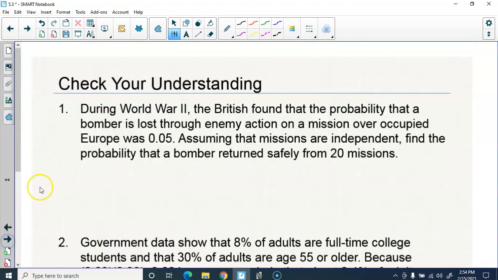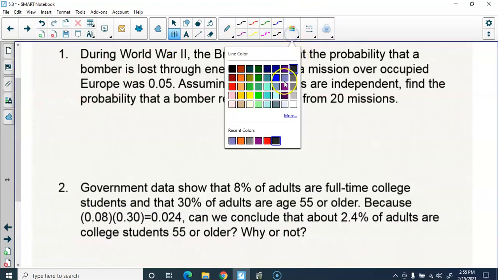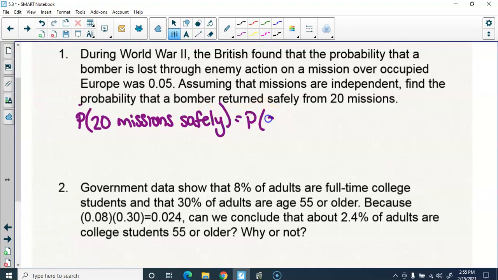And last question of the lesson here, last page I should say. During World War II, the British found the probability that a bomber is lost in enemy action over occupied Europe was 5%. Assuming that missions are independent, find the probability that a bomber returns safely from 20 missions. So very similar. We take the probability of safe return, and since we want 20 of them, we can just raise it to the 20th power, knowing that they're independent.